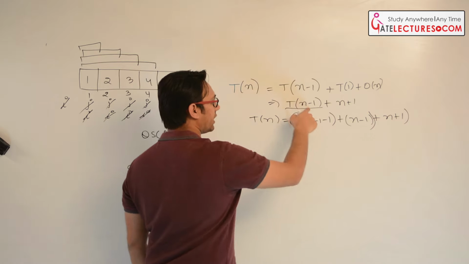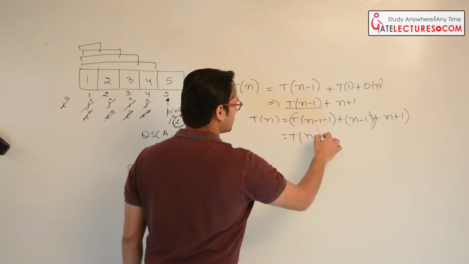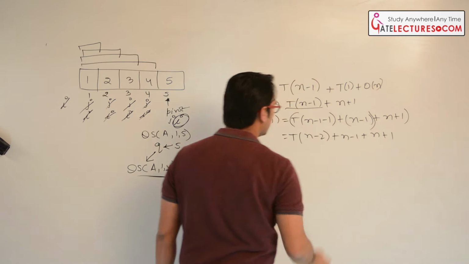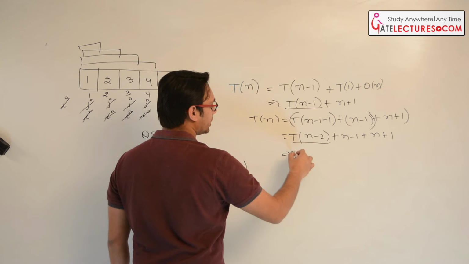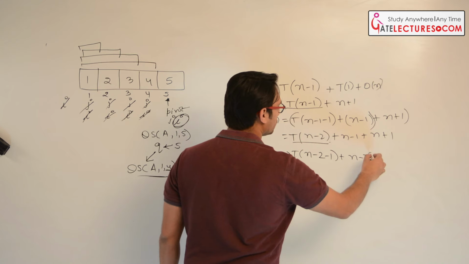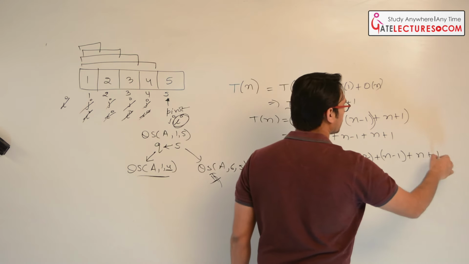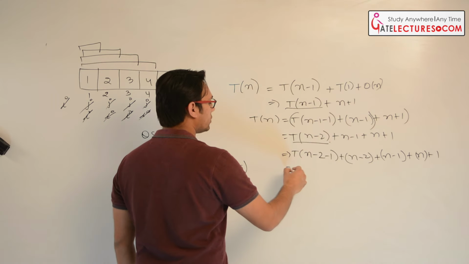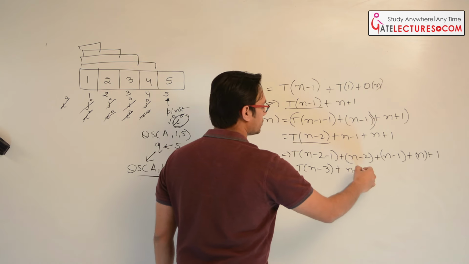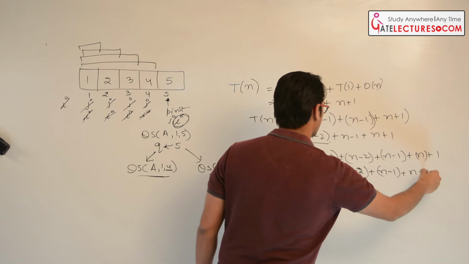Okay, so I just found the value of T(n minus 1). So this will be equal to T(n minus 2) plus n minus 1 plus n plus 1. Again find the value of T(n minus 2), therefore it will be T(n minus 3) plus n minus 2 plus n minus 1 plus n plus 1.